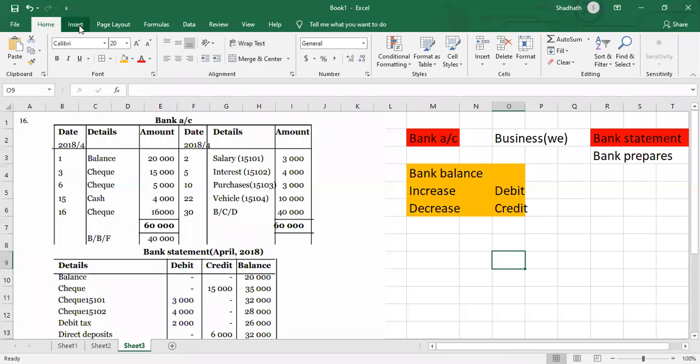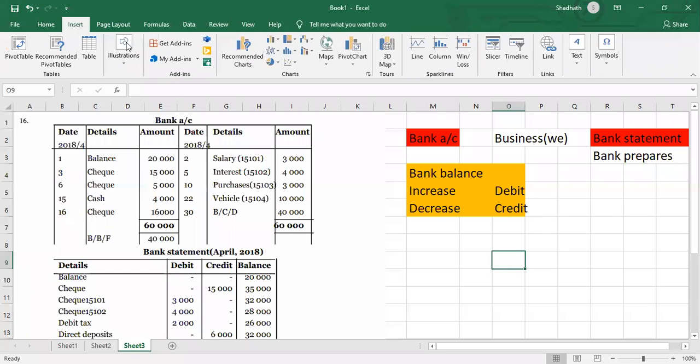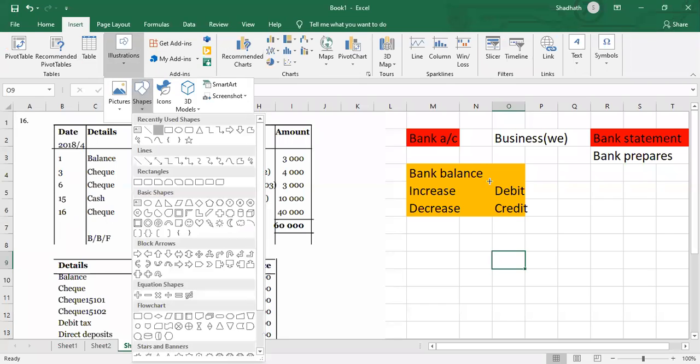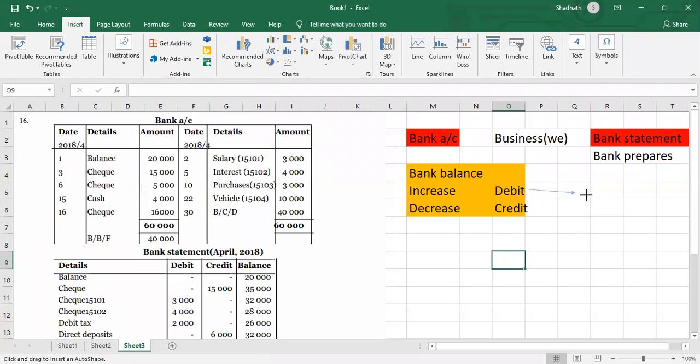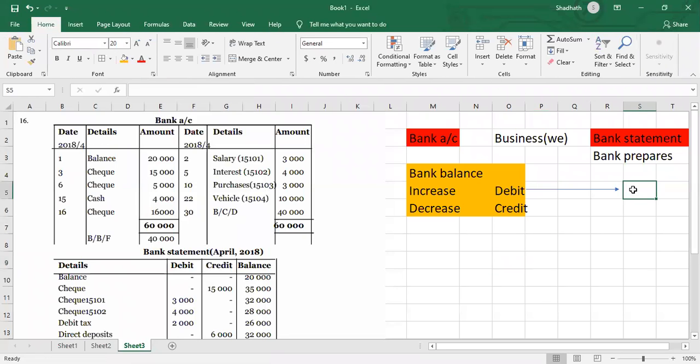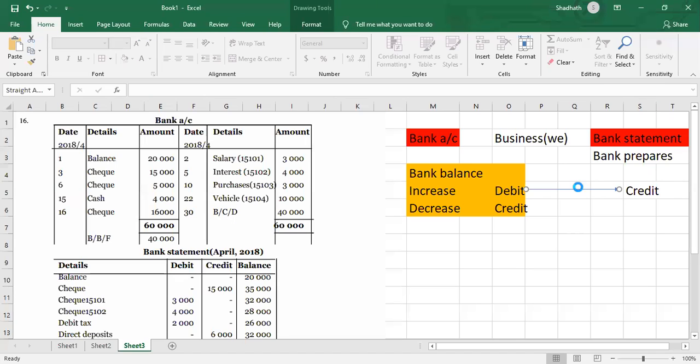But if you come to the bank statement, it is the opposite side. What we have debited will be credited in the bank statement. Whatever we have credited will be debited in the bank statement.